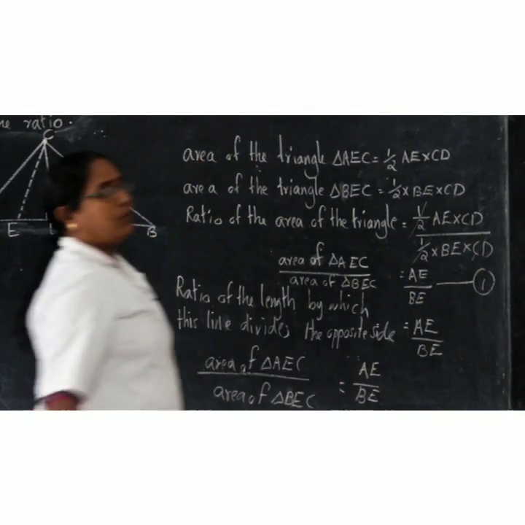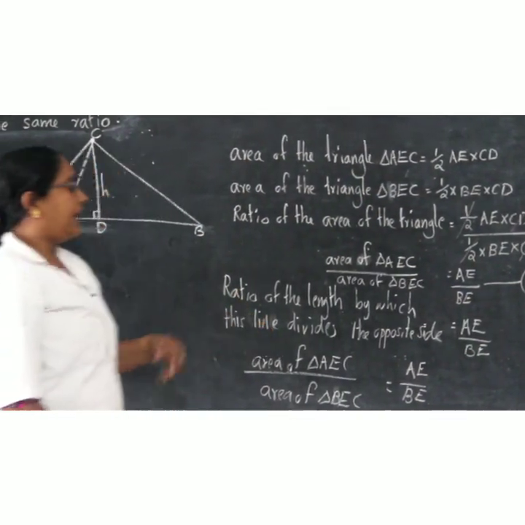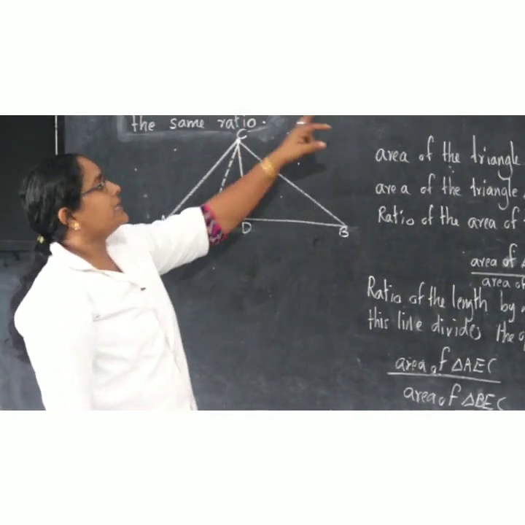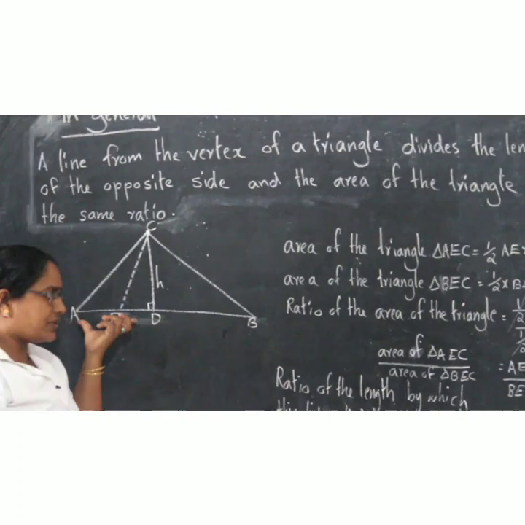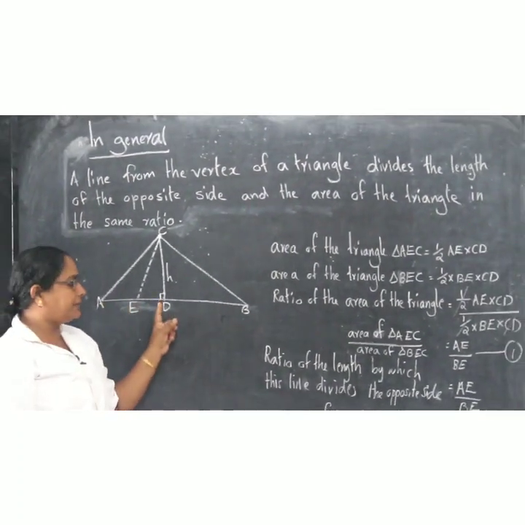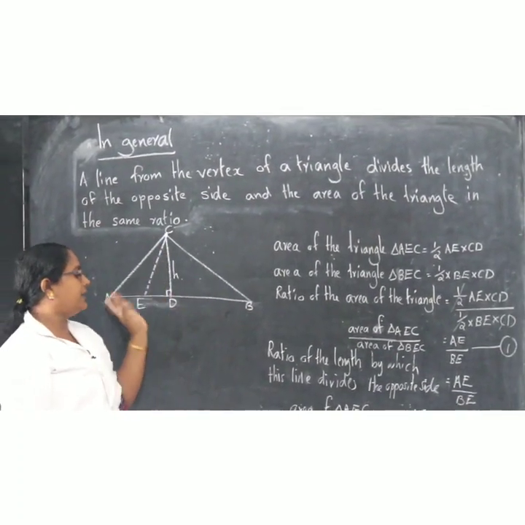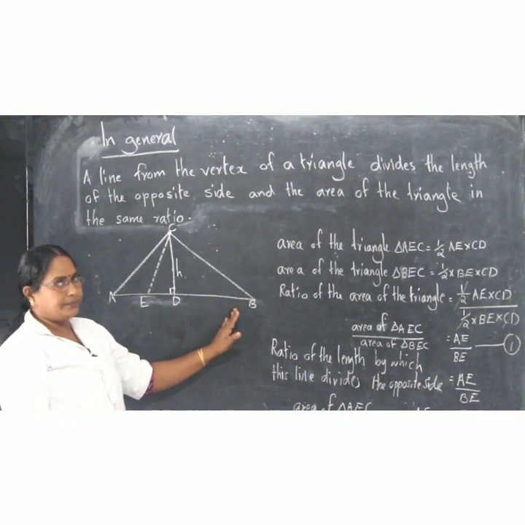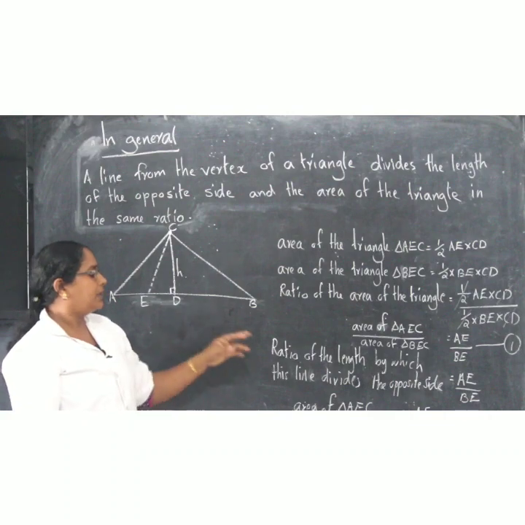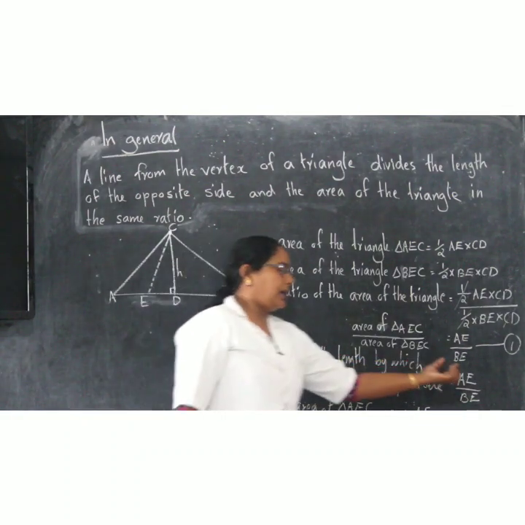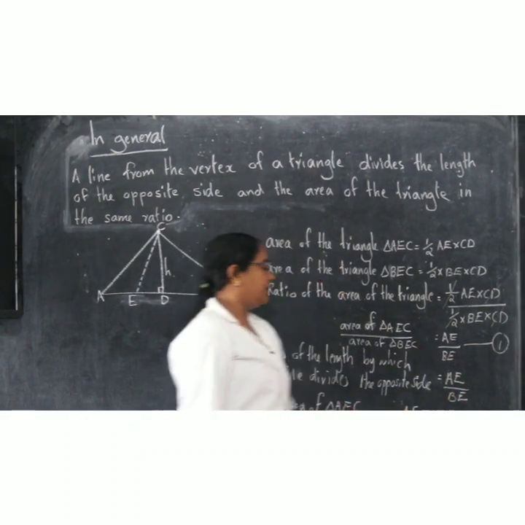Question number 1. Again find the ratio of the sides. What is the ratio of the sides? The ratio of the lengths by which the opposite side is divided, AE and BE. Therefore, take the ratio AE by BE.